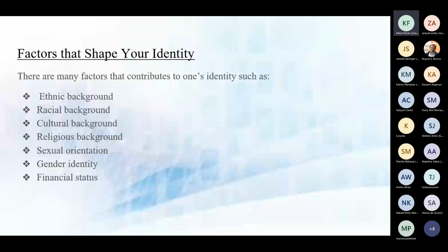For example, ethnic background deals with cultural identification, whereas racial background basically deals with race and physical traits, and cultural background is just the social behaviors and customs that people follow. Although these are factors that shape your identity, they can cause conflict within a person.